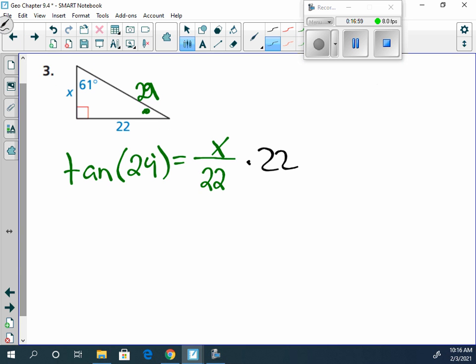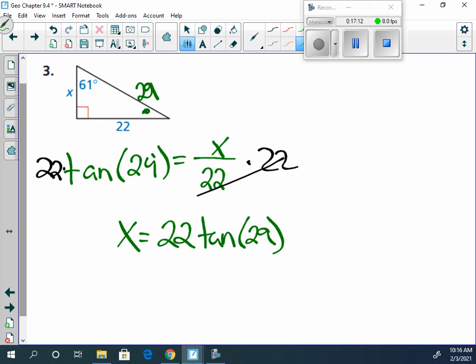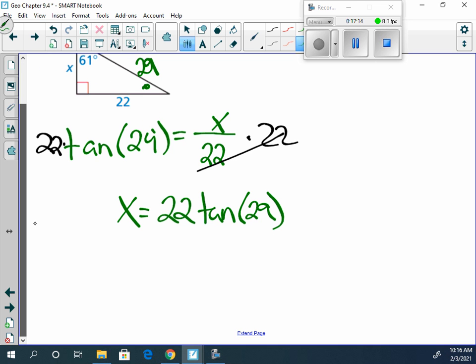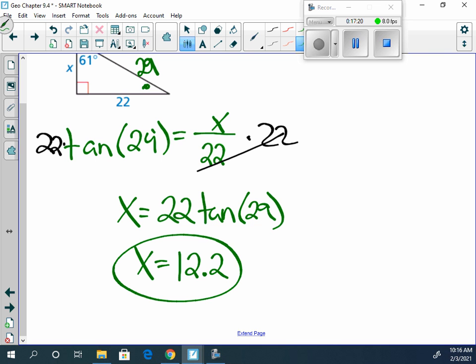So I'm going to multiply both sides by 22 because these will cancel. And what that gives me is x is equal to 22 times tangent of 29. So 12.19, which rounds up to 12.2.